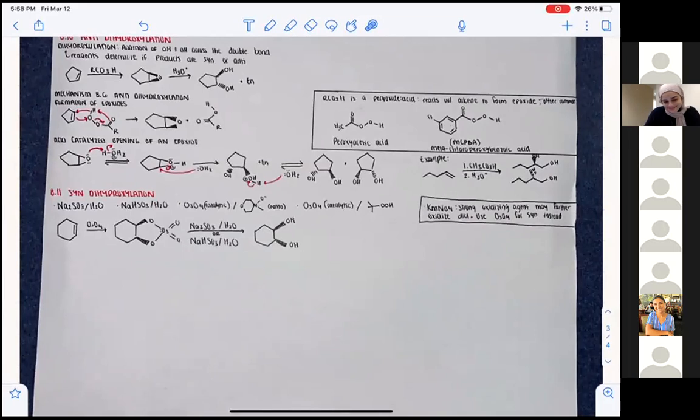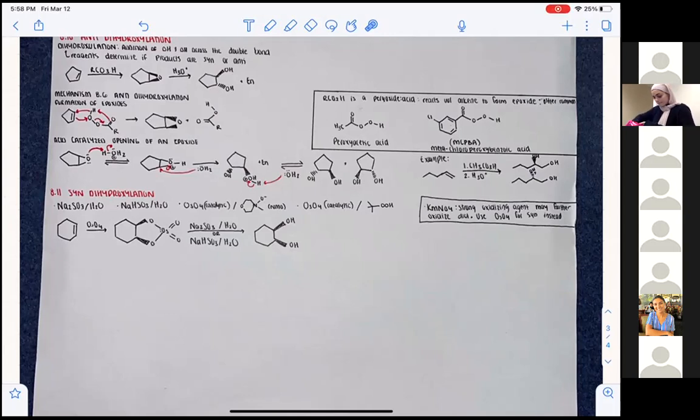Any questions? So I guess to sum everything up, the reagent is RCO3H, and also MCPBA.